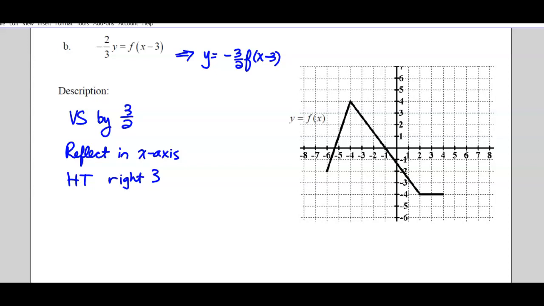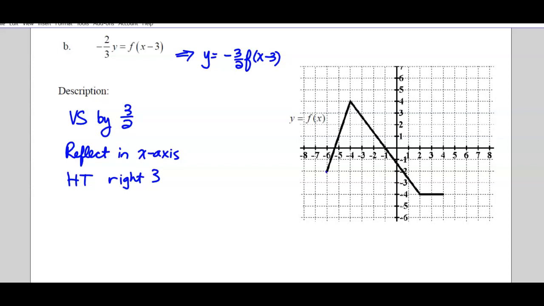Okay, and then start with important points. I go in order and I join them up in order so I make sure I'm not joining the wrong points up. So this first point here, leftmost, I look at the y value, it's -2, and I'm stretching by 3/2. So that means I'm multiplying -2 by 3/2. Oh my gosh, there's fractions. Can you do it?